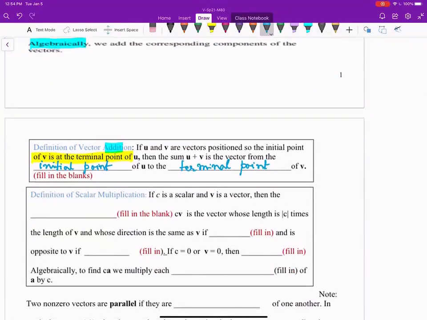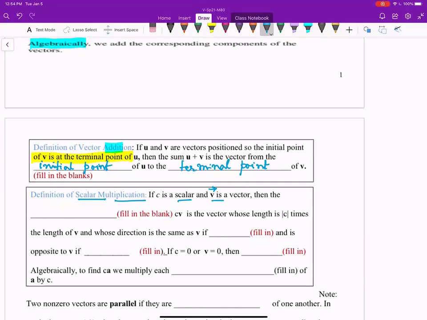Then the definition of scalar multiplication. If C is a scalar and V is a vector, a vector has both magnitude and direction, and C is just a magnitude.